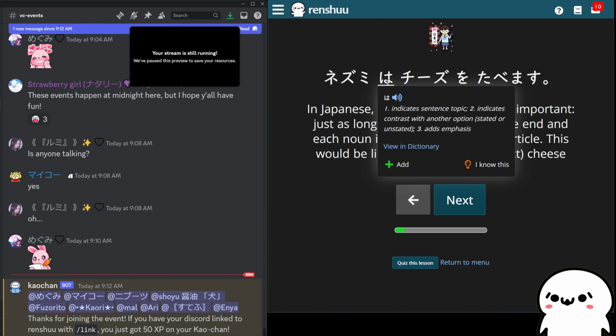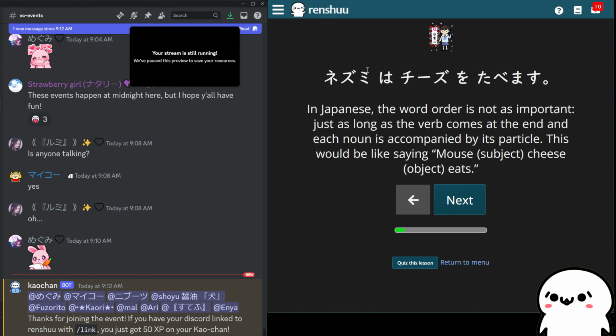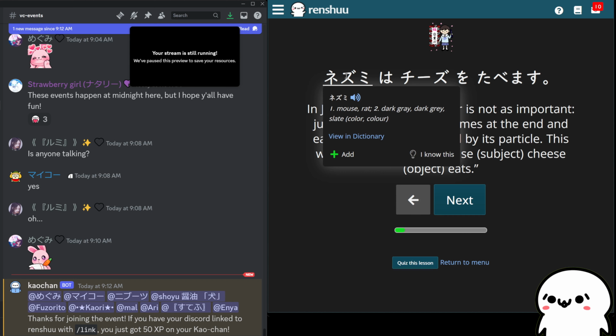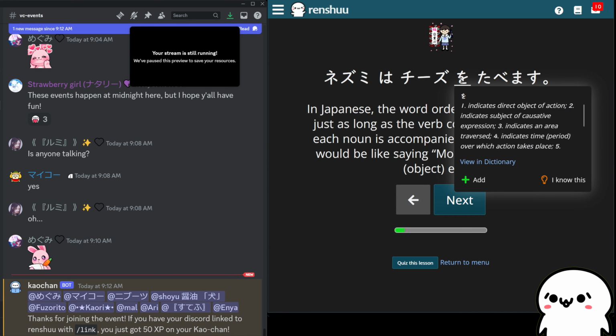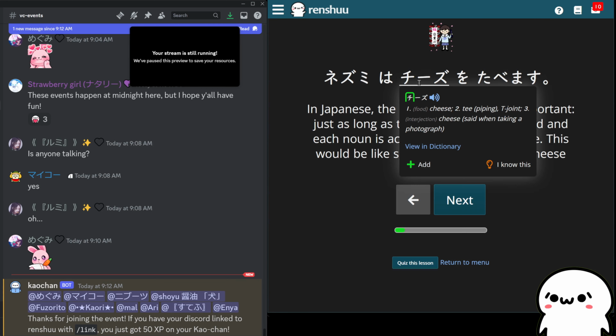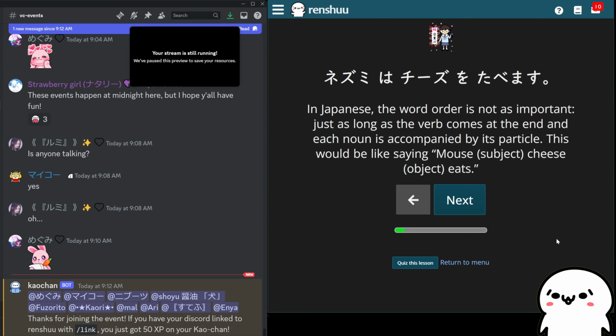So here, the wa is pointing to the nezumi on the left. The o here is pointing to the chizu on the left. So with that in mind, that's kind of just a rough framework. Let's actually look at some particles and see how we work through these.